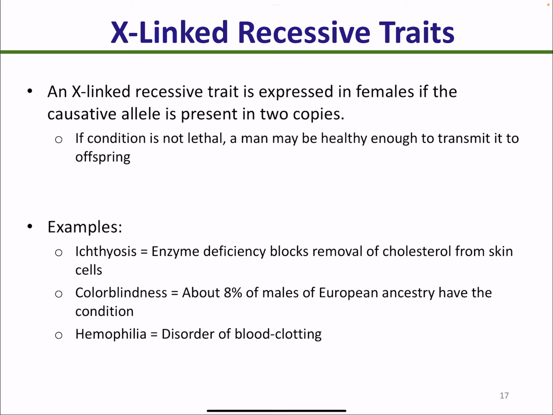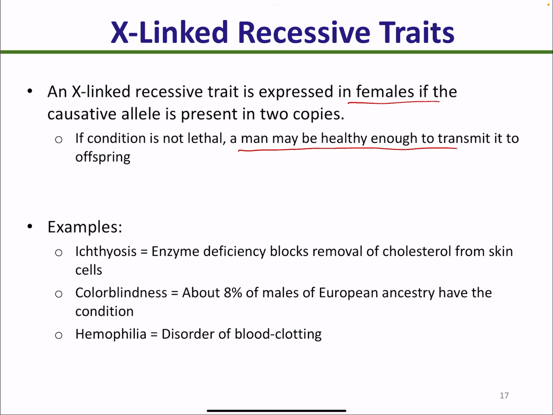So the X-linked recessive traits, these are recessive traits that are expressed in females only if two copies are present. Okay? Now, if the condition does not cause the death of the developing embryo, a male may be healthy enough to transmit it to the offspring.